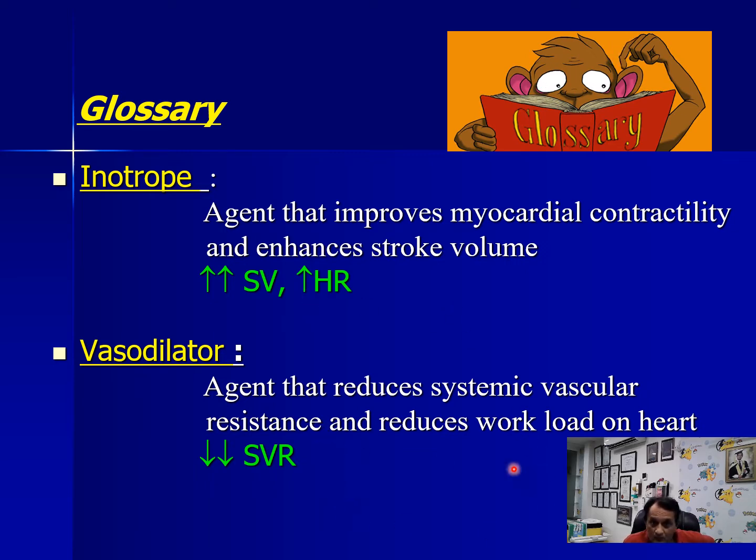Vasodilator: an agent that reduces systemic vascular resistance and reduces afterload on the heart. So in other words, decreasing the SVR, like you have dobutamine, and in the last 10 to 15 years milrinone has almost replaced dobutamine, because dobutamine also causes tachycardia, and milrinone has the added advantage of a lusitropic effect.